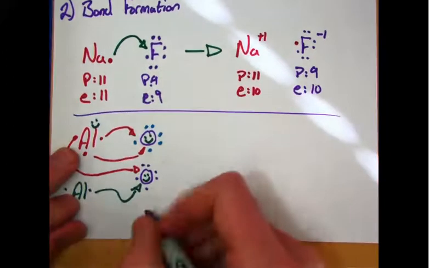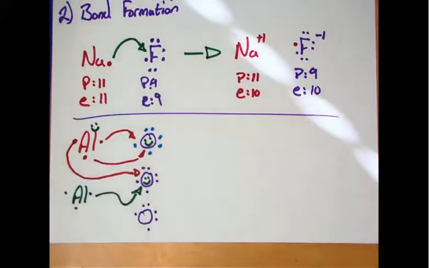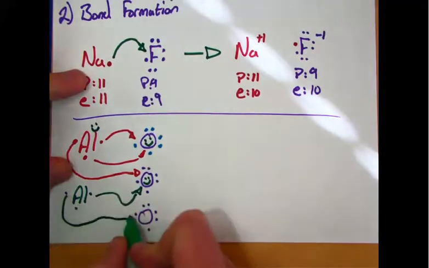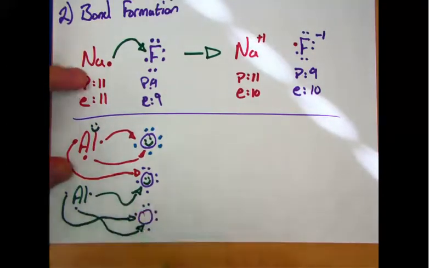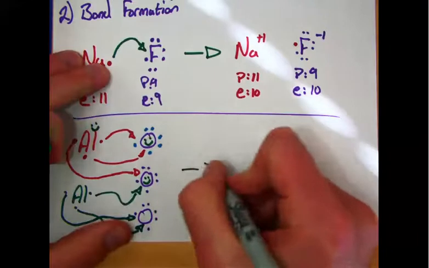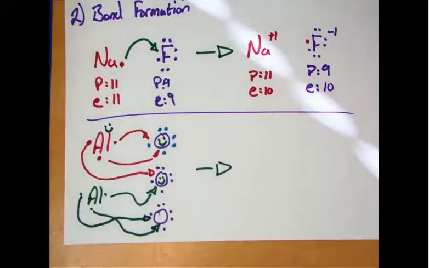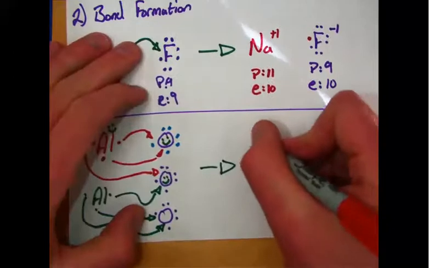We're going to draw another oxygen atom. 1, 2, 3, 4, 5, 6. And lo and behold, that gets rid of our last 2 electrons. Beautiful. So in order for aluminum to interact with oxygen, we need 2 aluminum atoms and 3 oxygen atoms. Now these are going to produce the following ions. We have in the cation list 2 aluminums.